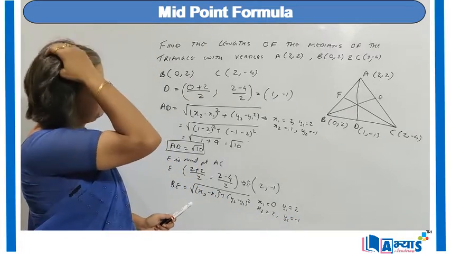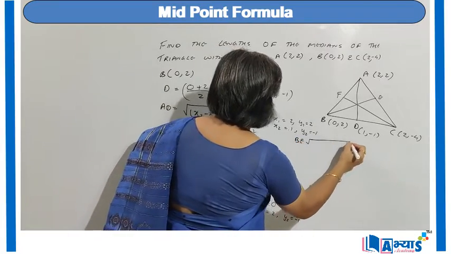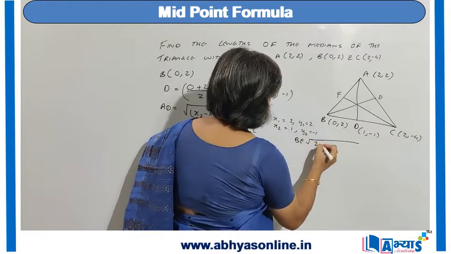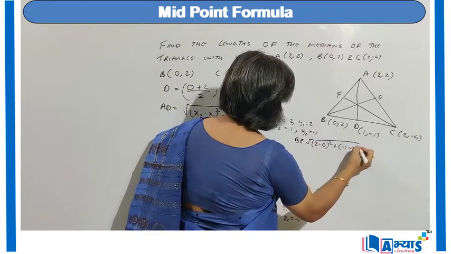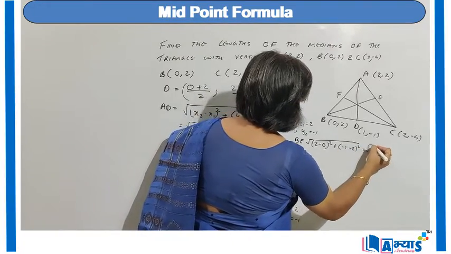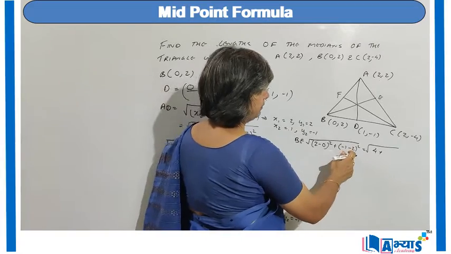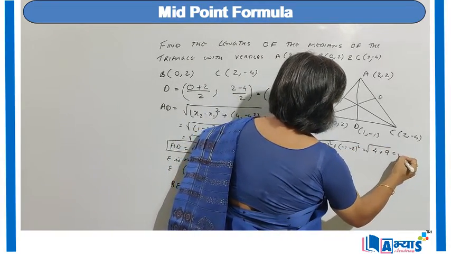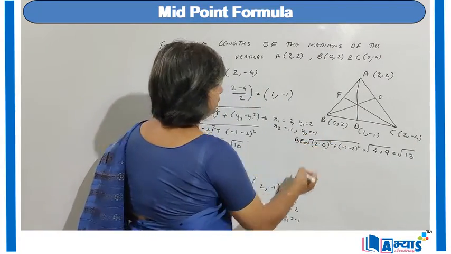When we solve it, we will get BE equal to under root of 2 minus 0 whole square plus minus 1 minus 2 whole square, which is 4 plus, now minus 1 minus 2 is minus 3 and whole square will be 9. So it will be 4 plus 9, or root 13. So the distance BE is root 13.